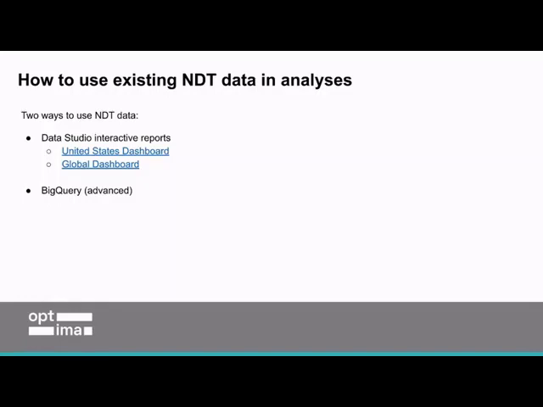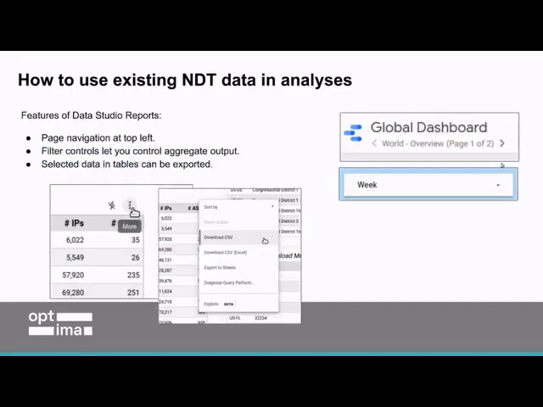Now, as you can see here, I've linked to two interactive reports that we provide in Data Studio, the United States dashboard and the global dashboard. We'll look at the global dashboard in a moment, but this slide is a guide to help you use any of these reports.